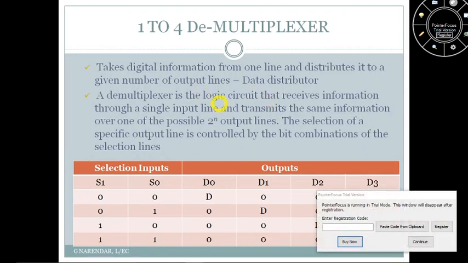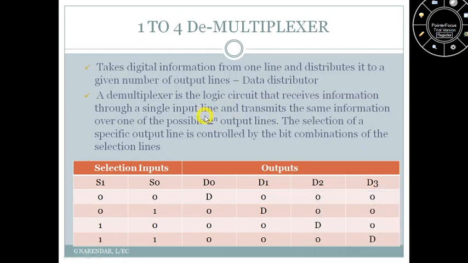As we have said, a 1 to 4 demultiplexer means the number of input lines is 1 and the number of output lines onto which the data is to be distributed is 4, and since 4 is equal to 2 power 2, there should be two selection inputs to select one out of the 4 output lines.